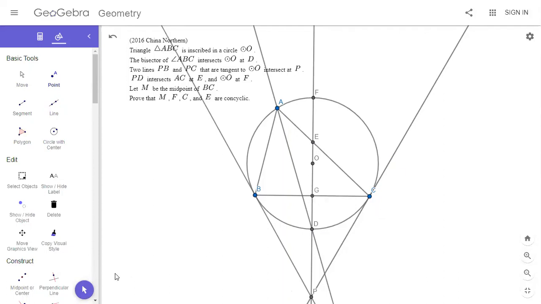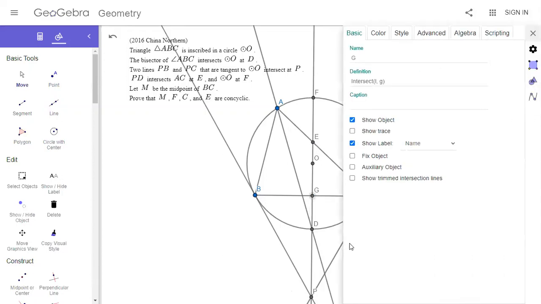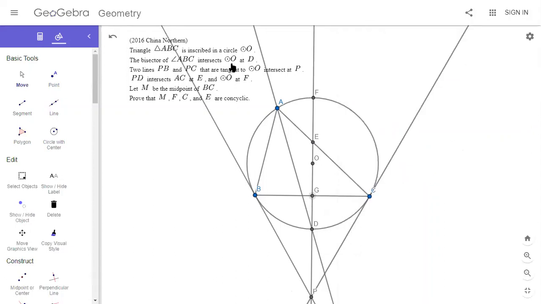I'll let M be the midpoint of BC. Did I do this right? Something here is off. So PD intersects AC at E and the circle at F. Yeah, something here is off.